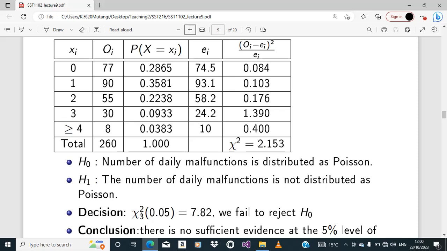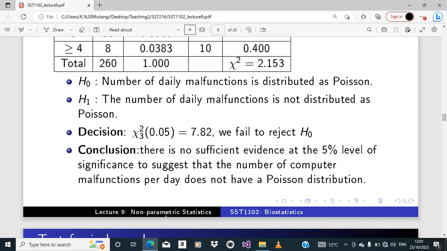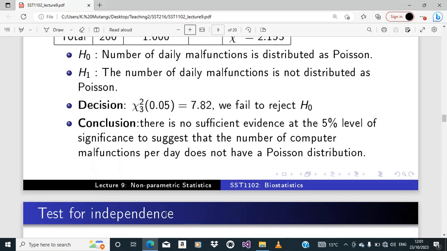So we now have 5 minus 1 minus 1, which is 5 minus 2, to give us 3, and 7.82 from the chi-square distribution tables. Compared to 2.153, we actually reject the null hypothesis in this case. If we reject H0, of course, we conclude that the data does not conform to the Poisson distribution, which is basically our conclusion.